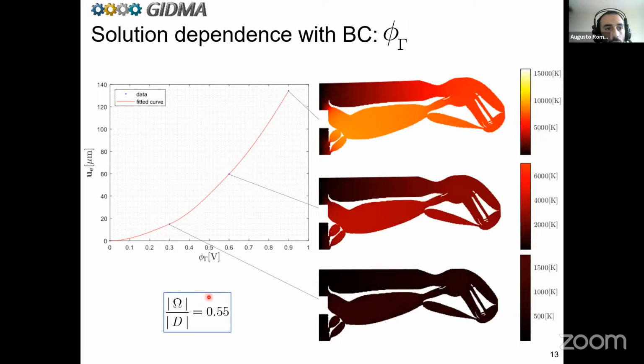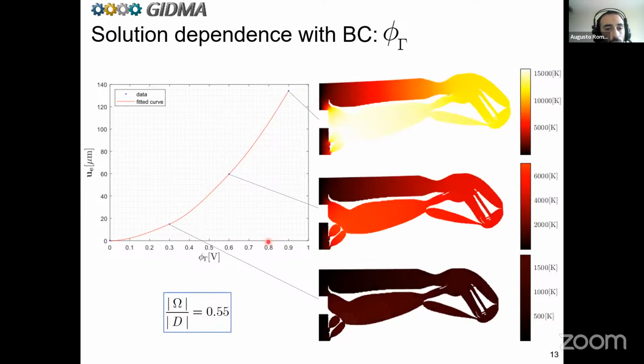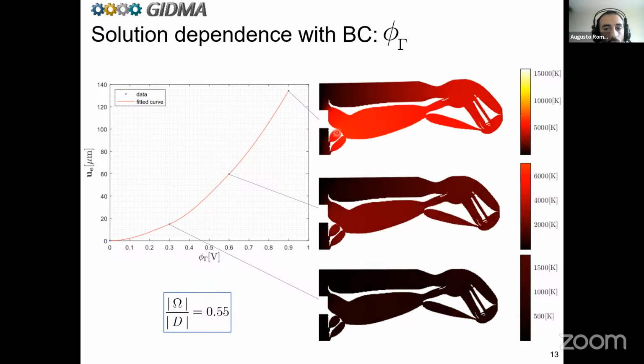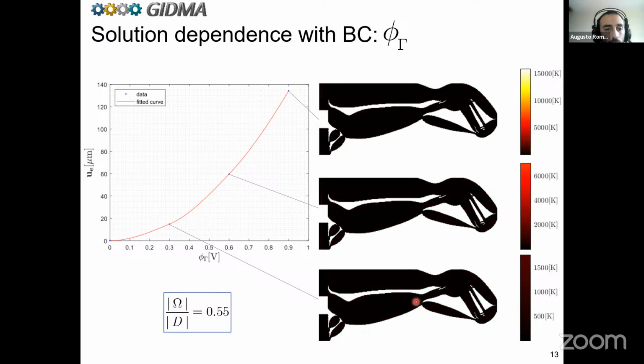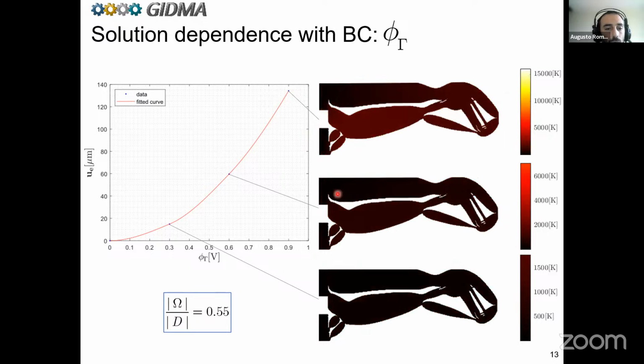Here, the deformed configuration of the actuator is plotted together with the heat map, which shows the temperature distribution over the actuator. We can see that for the employed heat transfer model, extremely high temperatures are reached.